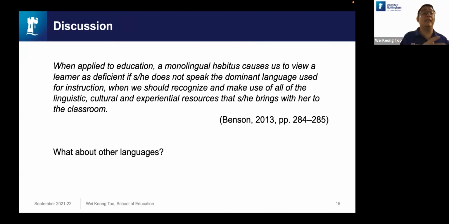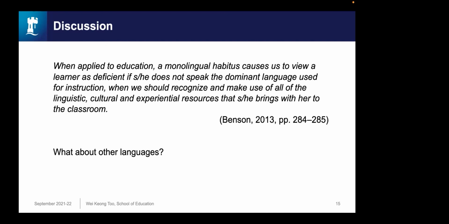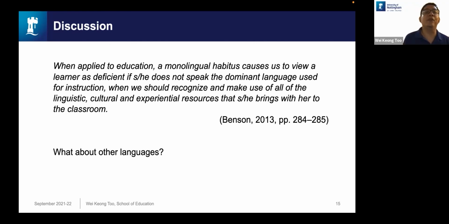It means that if we consider English as the only foreign language that should be taught in the classroom, a monolingual habitus causes us to view a learner as deficient if he or she doesn't speak the dominant language used for instruction, like here, English, when we should recognize and make use of all the linguistic and cultural experiences and resources. So it means that English might diminish, might sideline all other languages.